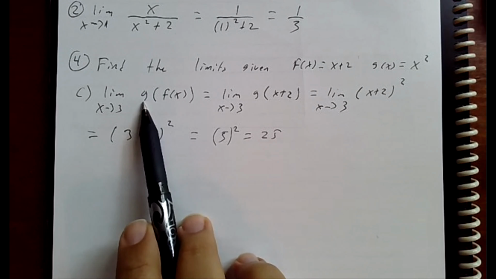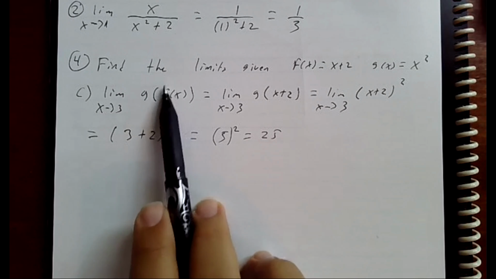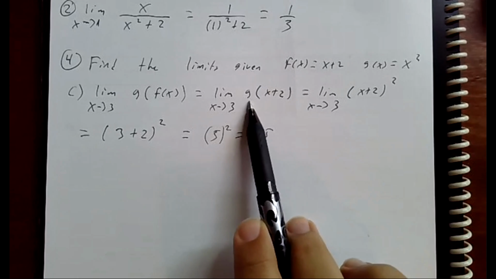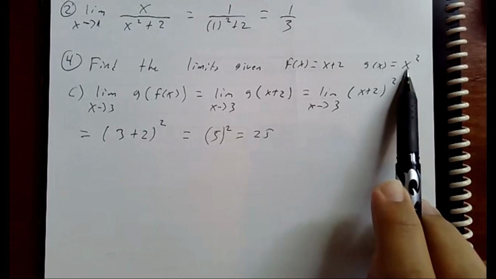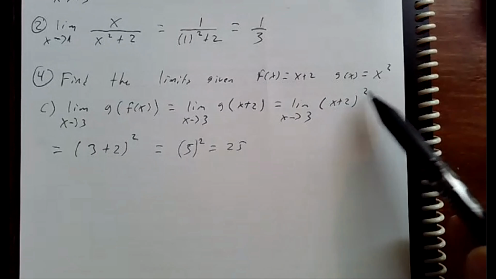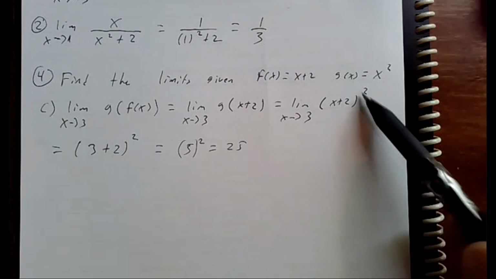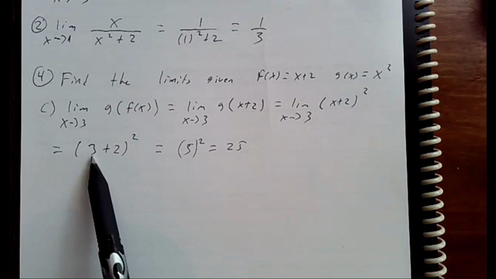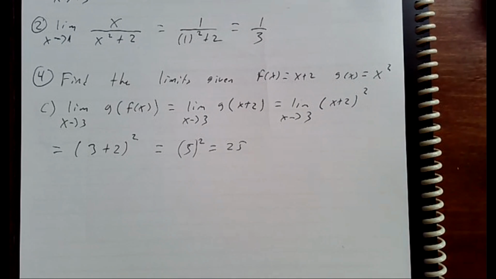Yeah, so here it says compose G with F, right? So you're going to input the F into G. So G of F would be squaring F. So that's when we squared it. I could have distributed that too, but I can also just plug in the 3, right? Oh, okay, I see what you're saying. It would be the same either way.